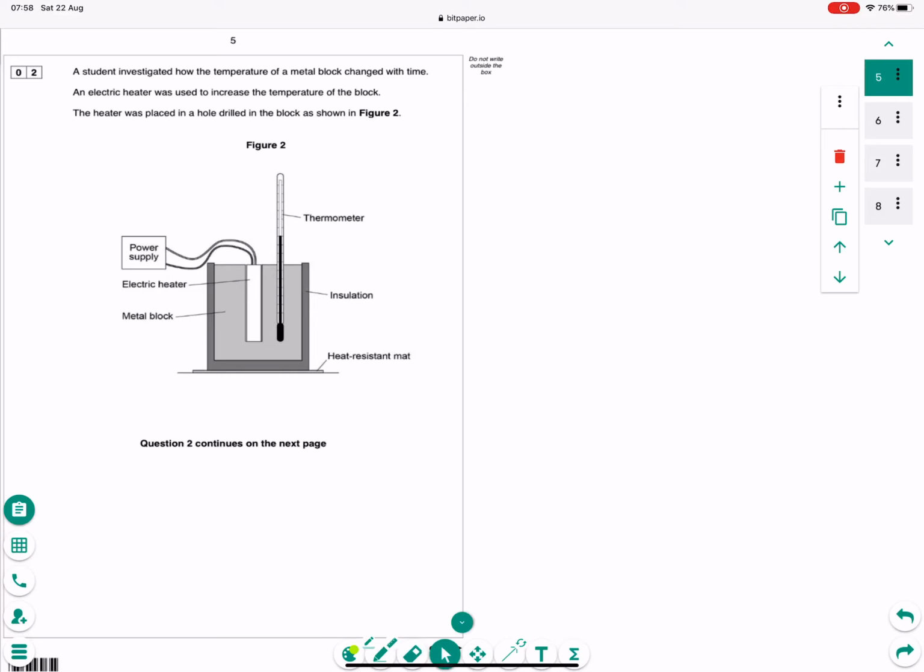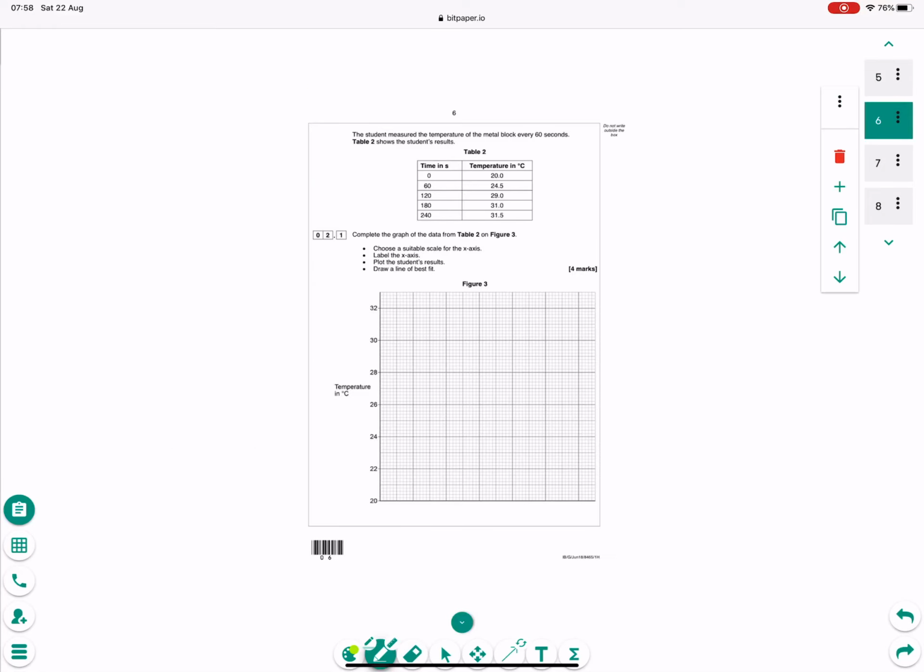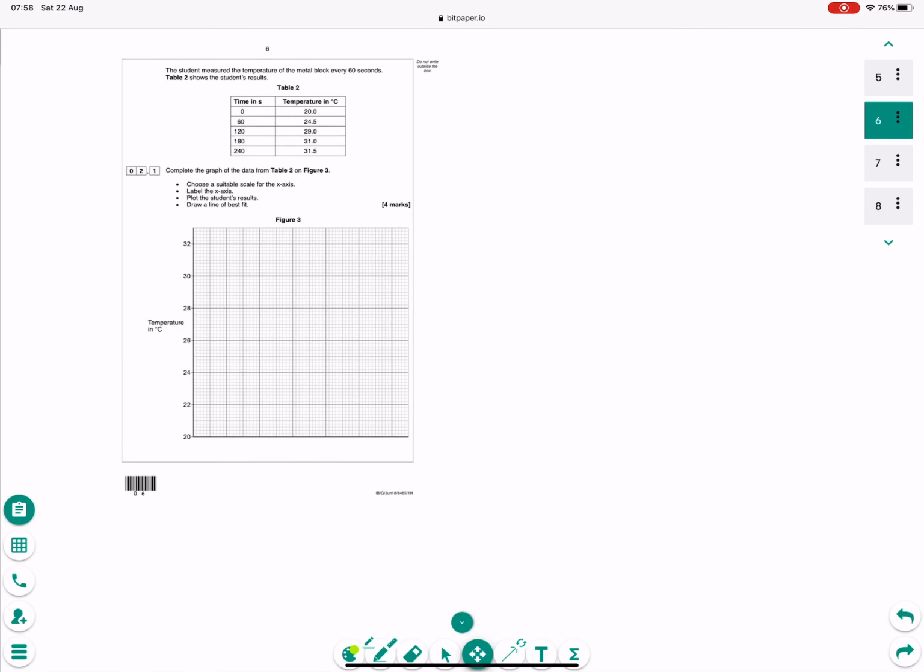So you can see here a metal block, and this has been heated with a power supply, and then the temperature is recorded. And what they want to know is, well, they start with a graph.